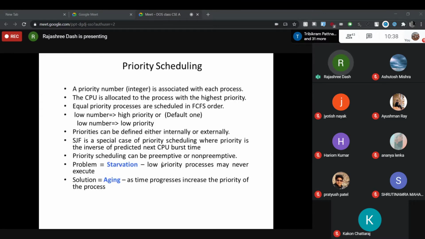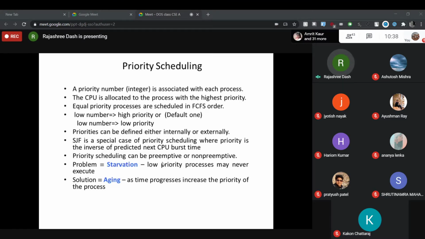Now while the high priority process is executing and the low priority process is waiting for it, let in the meantime a number of other higher priority processes enter into the system. So what will happen to that low priority process? It will simply wait until all those high priority processes complete, so that it will get the CPU.